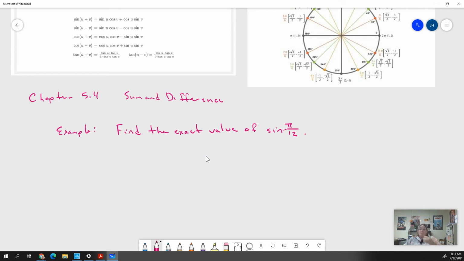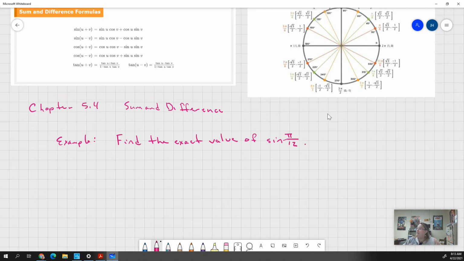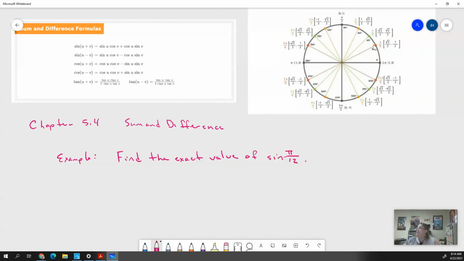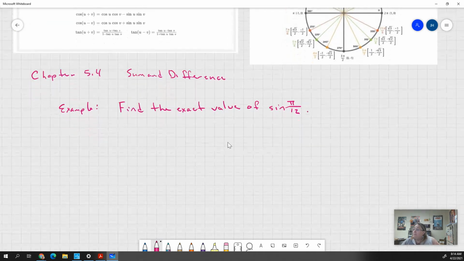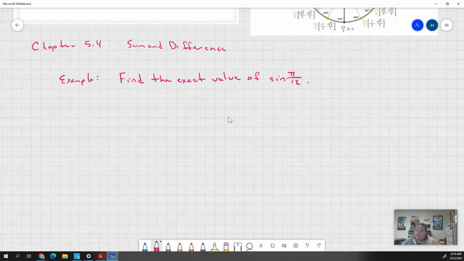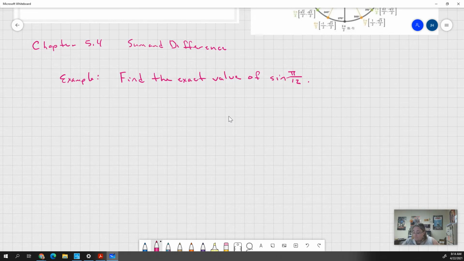Now, if this was pi over 6, we could go right up to our unit circle and we could go, well, here's pi over 6, and we know that it is the y value, so it's 1/2. But we don't know what sine of pi over 12 is. But we can figure it out by breaking it down a little bit.